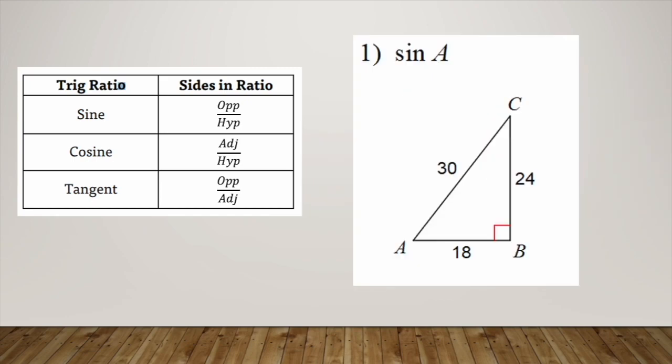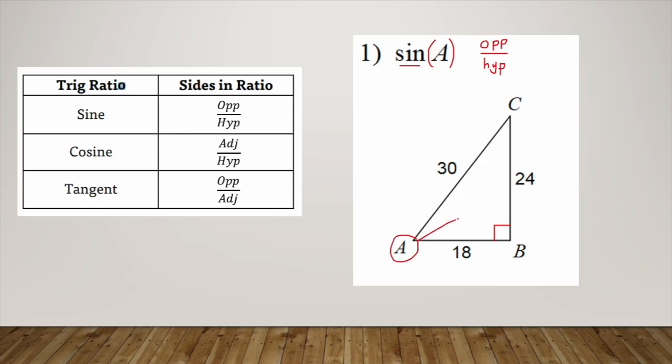So this first question here asks for the sine of angle A. You're always going to see an angle with these trig functions. So after sine, what comes next is going to be an angle. So when it's saying sine of angle A, all this is asking is what side is opposite of A and what side is the hypotenuse, and it's going to want you to write them as a fraction. So A is down here.